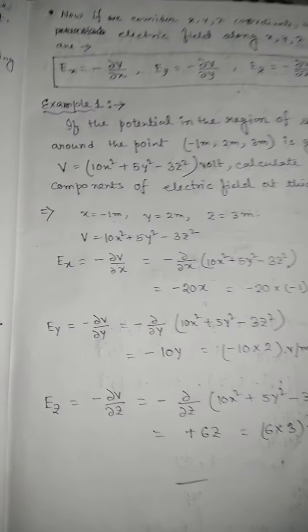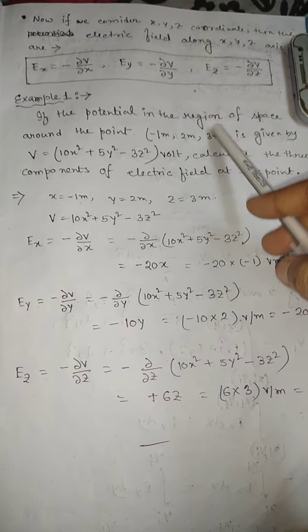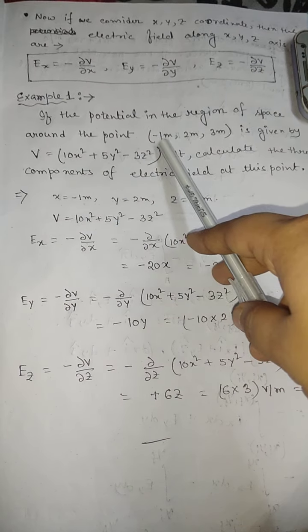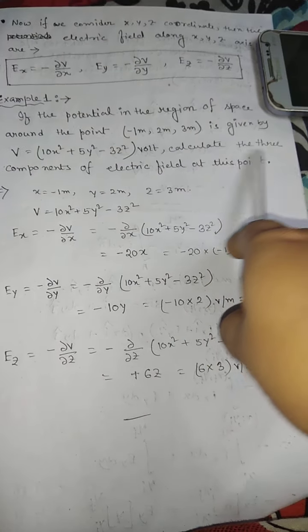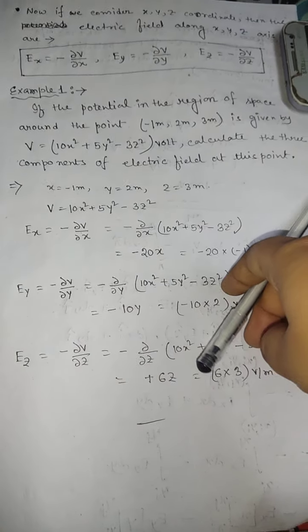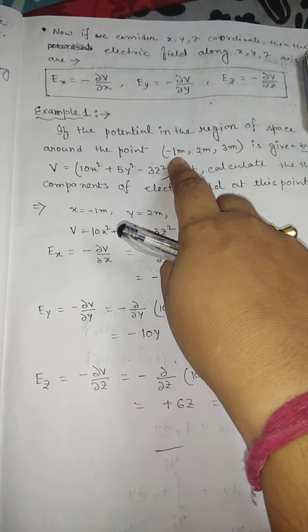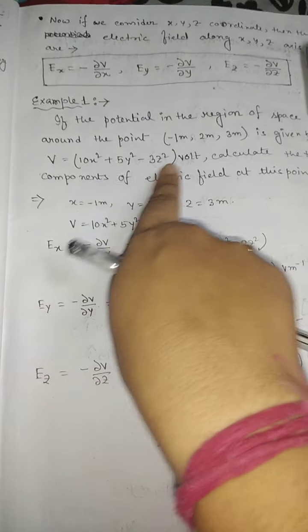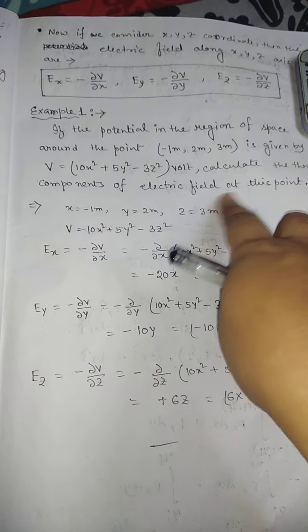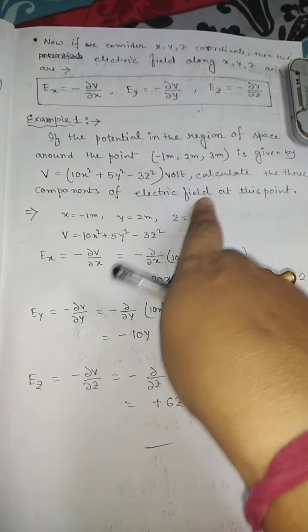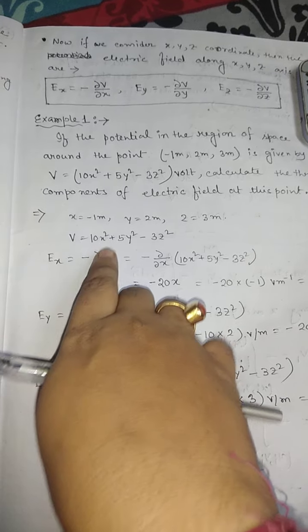Let's take this example. If the potential in the region of space around a point is given by V equals this expression in volts, calculate the three components of the electric field at this point. Here x, y and z are given, and the expression of potential is also given. So one by one we find them, because the question mentions three components. First, Ex means minus del V by del x.